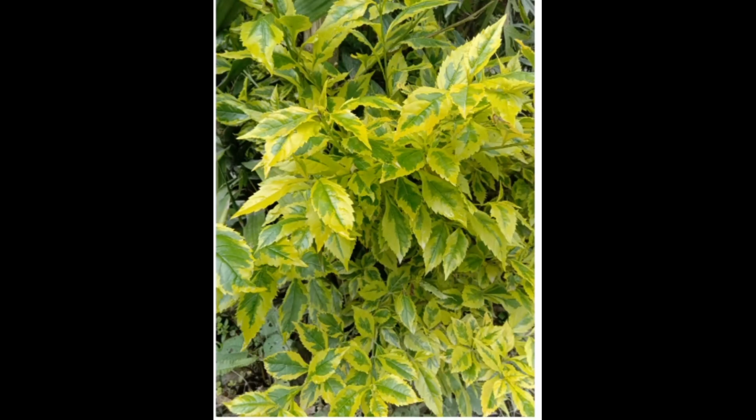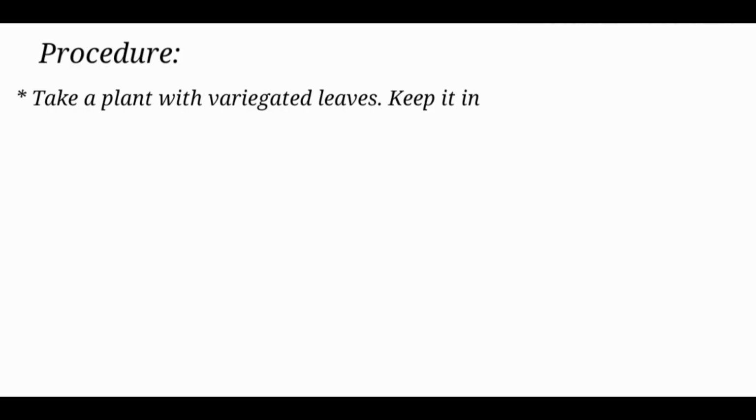Procedure: take a plant with variegated leaves. For the activity, I have selected a potted plant with variegated leaves. Keep it in dark room for 3 days. I have kept this plant in a dark room for 3 days.